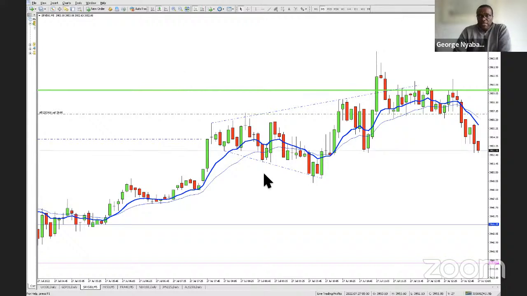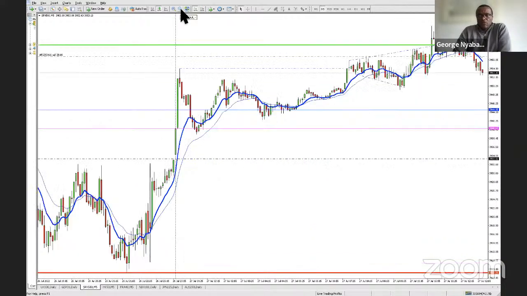So presently, I am in shorts with a wide stop. Interesting, market opened almost right on its close. Bulls were strong.